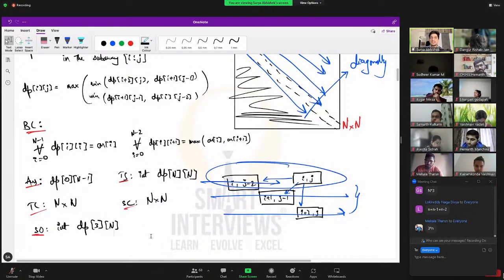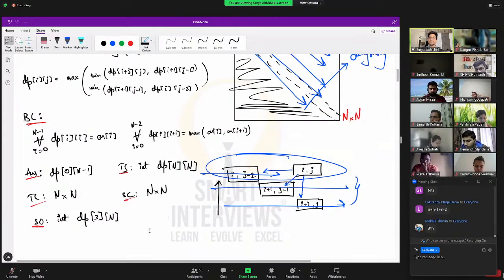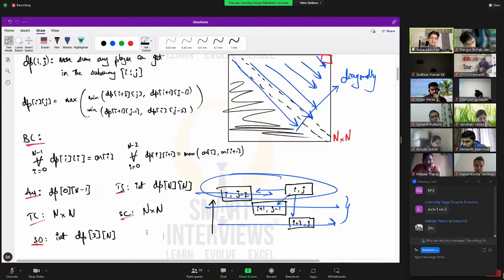One current row and 2 previous rows. But this you should compute row by row, bottom to top. Make a quick note of it. We'll move on to the next question in 30 seconds.